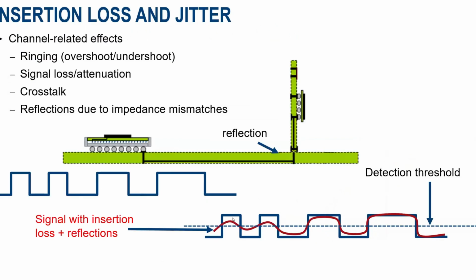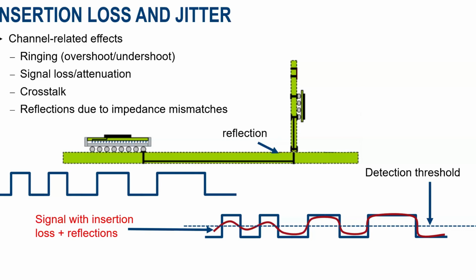So taking a closer look, the main channel-related effects, those that are signal effects caused by propagation through either a backplane or a cable or some channel, things like, for example, loss or attenuation, which we talked about previously, are the main results of the propagation. But there can also be reflections.